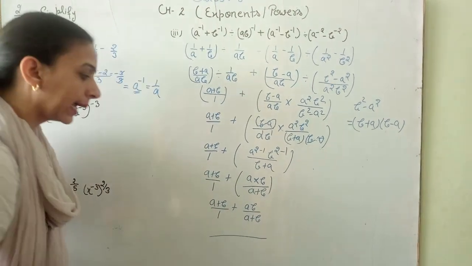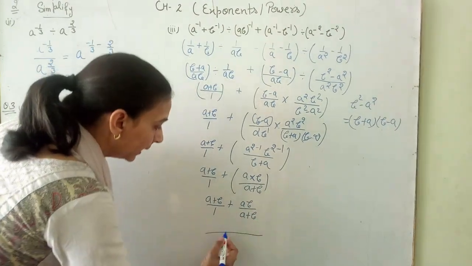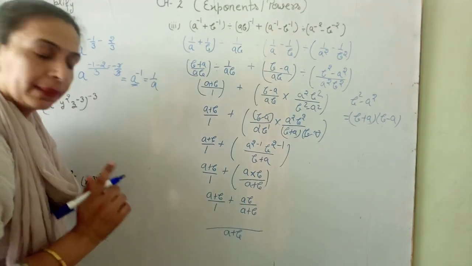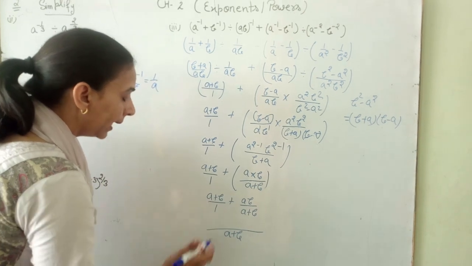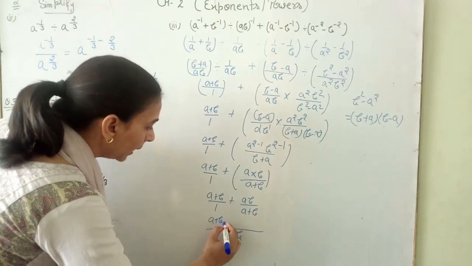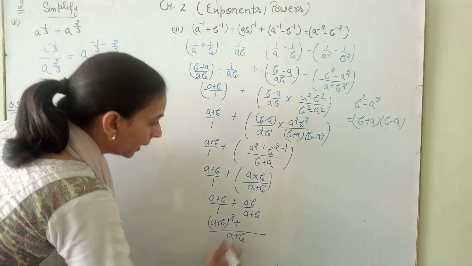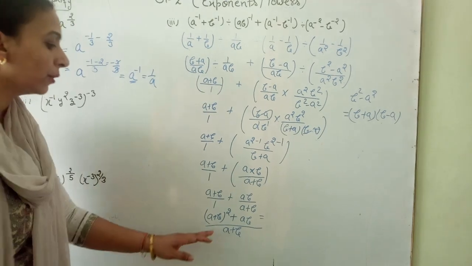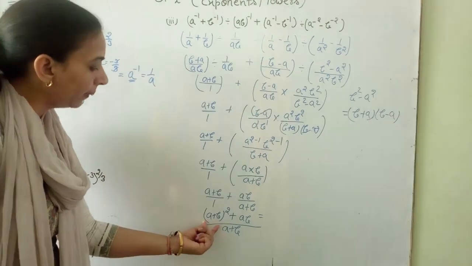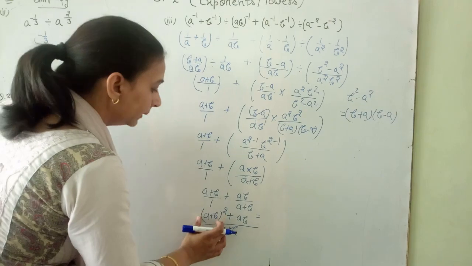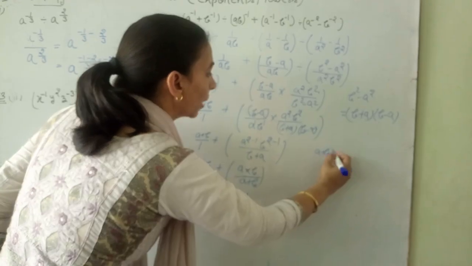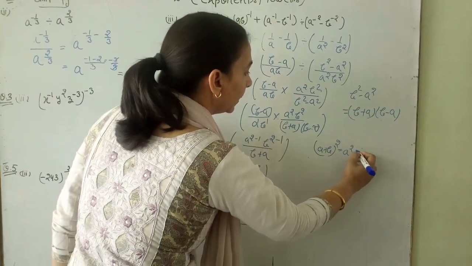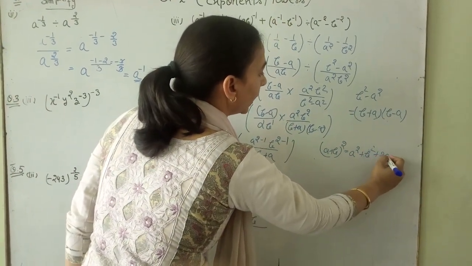Again students, we take the LCM of 1 and a plus b, which is a plus b. A plus b divided by 1, a plus b, then a plus b multiplied by a plus b whole square, plus cancel out 1 multiplied by ab. Again you can also write the identity of a plus b whole square. This is also an identity. This is equal to a square plus b square plus 2ab.